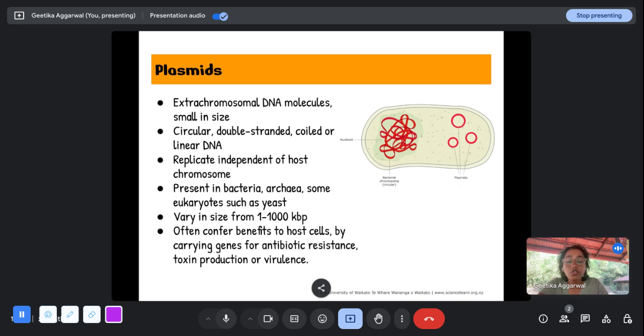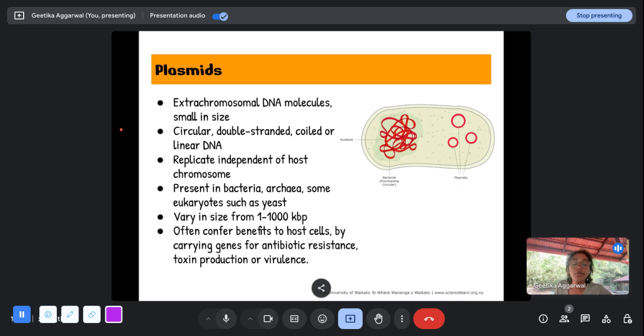Or it can be carrying toxin genes which will impact the predators of these bacteria, which will not be able to consume them. So these bacteria can become toxic or have improved virulence. So these plasmids carry genes for antibiotic resistance, toxin production, or virulence. Okay, so if the bacteria is attacking some organisms, it will be highly virulent if it has these plasmids.